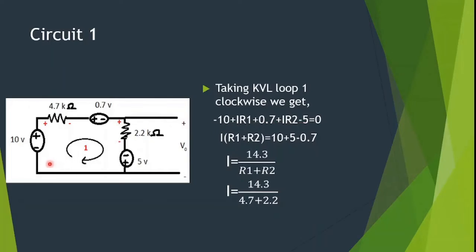We took that clockwise loop, and when we are traveling in this way, we are encountering the minus, then plus, then this plus, and then this plus, and then this minus. So that's how we wrote these polarities before each value.